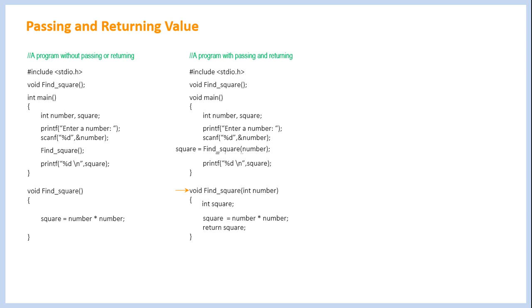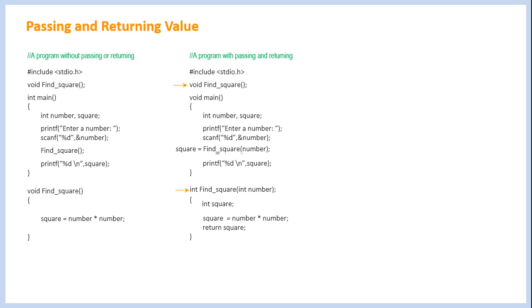Earlier this function wasn't returning anything, that's why we had written void. So if a function does not return anything, in that case you write void. But now it's returning an integer type value, so instead of void you need to write int. Similarly, we need to make a change in the function's prototype at the top as well.